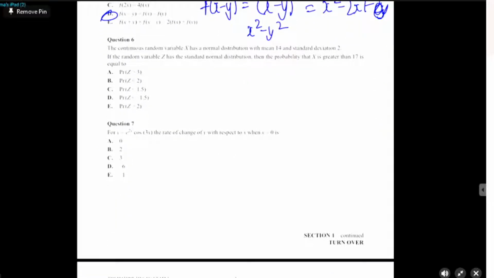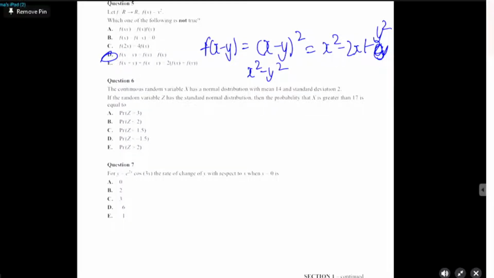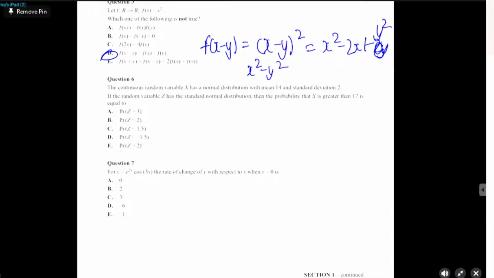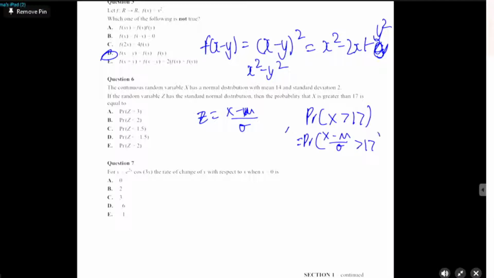And then in question 6, the way to do this is that z is equal to x minus mu on standard deviation. So probability x is greater than 17 is equal to probability x minus mu divided by standard deviation, and then you just sub in the values. So mean is 14, standard deviation is 2.